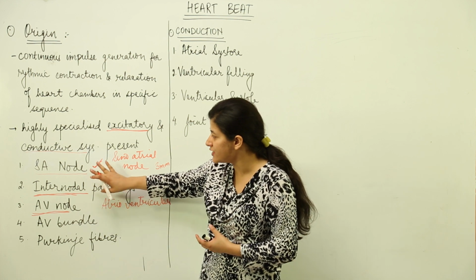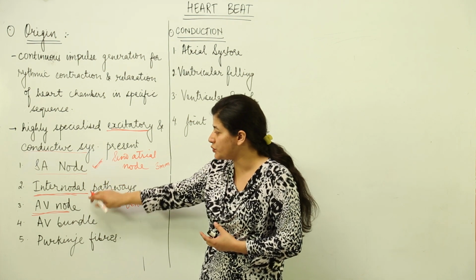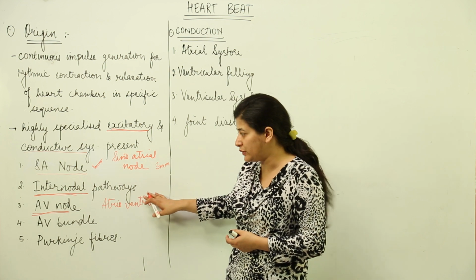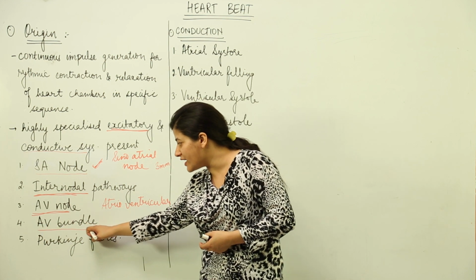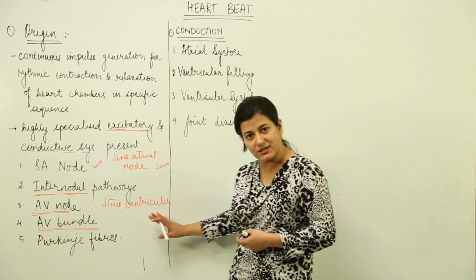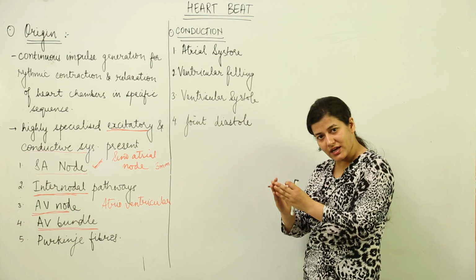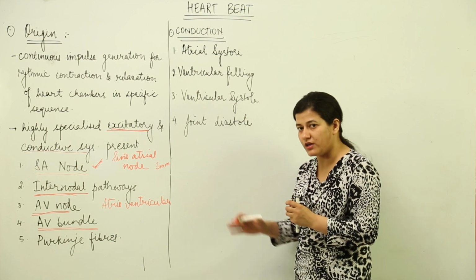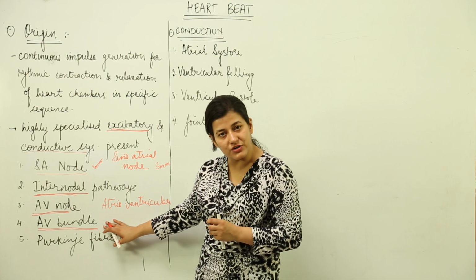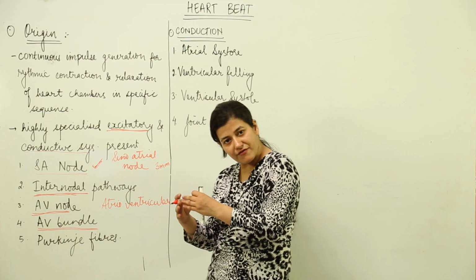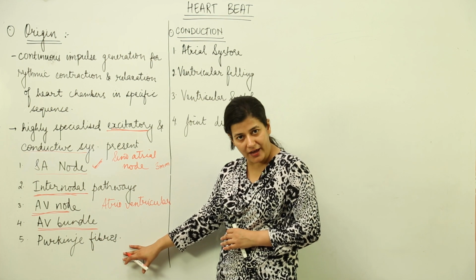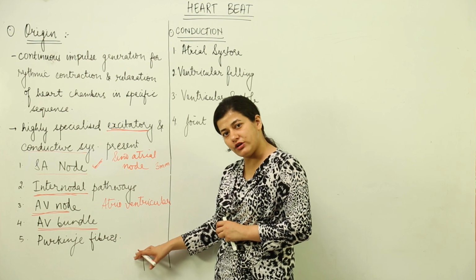We have two nodes. The first one is the SA node. Between the two nodes we have internodal pathways. Then we have the AV node. Then we have the AV bundle, which arises from the AV node itself and passes in the interventricular septum. We are going to understand it. The AV bundle then bifurcates into the Purkinje fibers that are present in the ventricular walls.